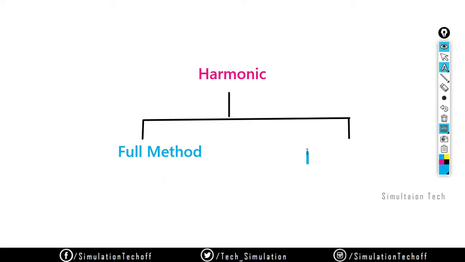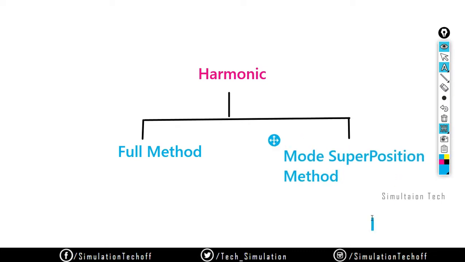And what is the mode superposition method? This is what we need to couple. We first need to do the modal analysis and then transfer the entire data from the modal analysis to a harmonic analysis. The full method takes some time to solve, but the mode superposition method can solve easily, though the accuracy is lower.